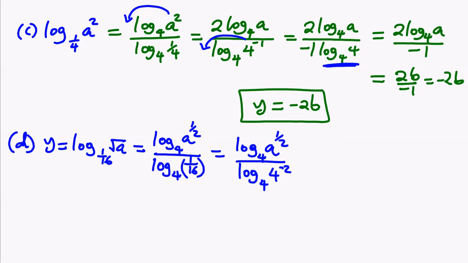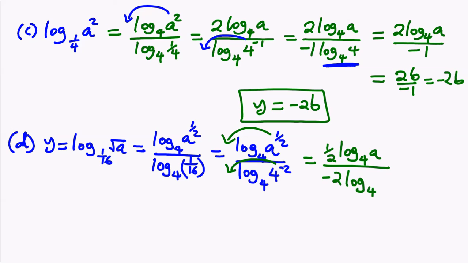We can bring these powers to the left. So what we'll end up with here is a half log to base 4 of a over negative 2 log to base 4 of 4, which will be equal to a half b.